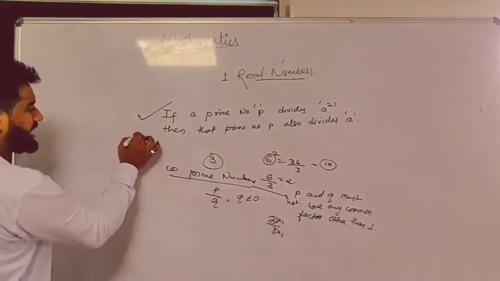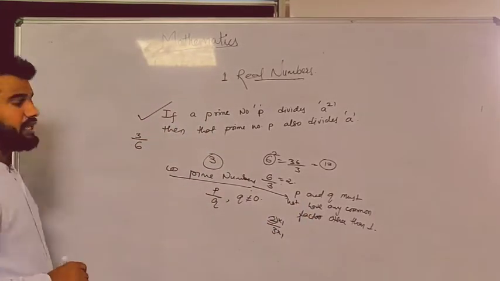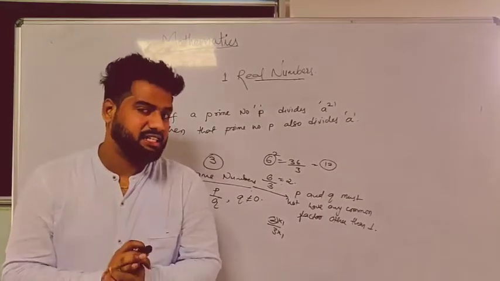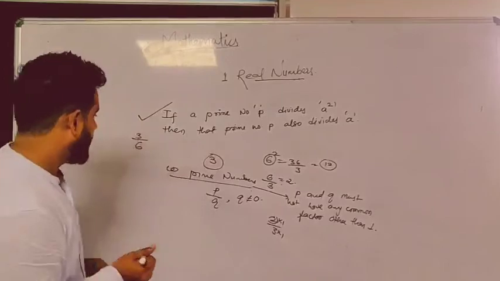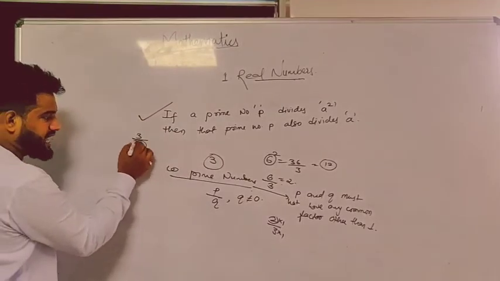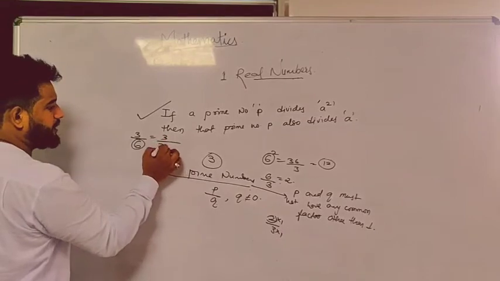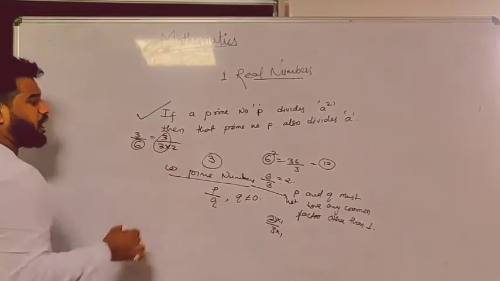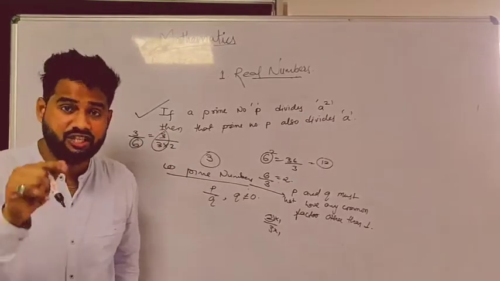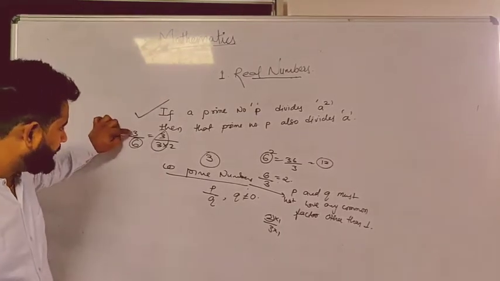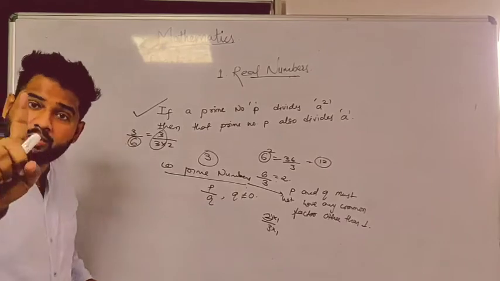Can you call 3 and 6 co-prime numbers? No, you cannot, because 6 has a common factor 3, as 6 can be written as 3 into 2. So both have the common factor 3, which is not 1. Are you getting my point? So both should have the common factor 1 only.